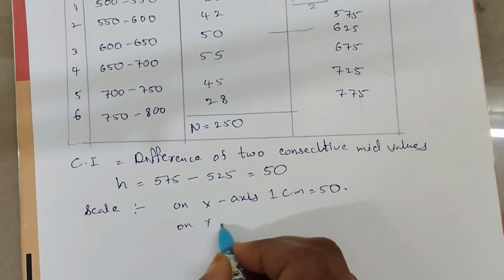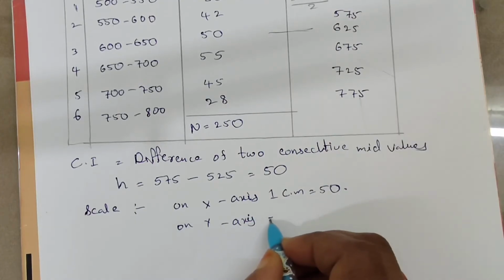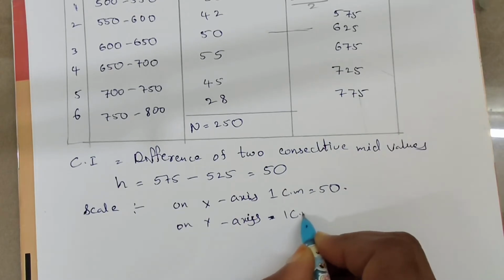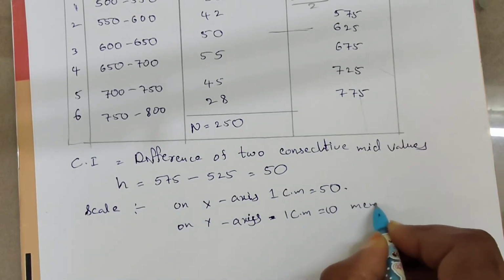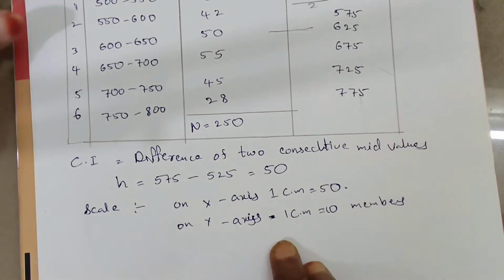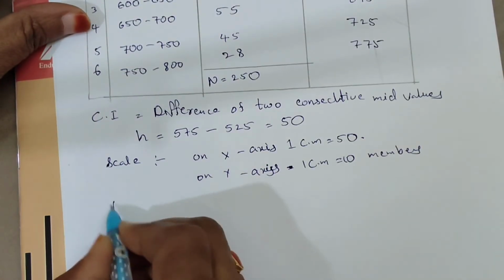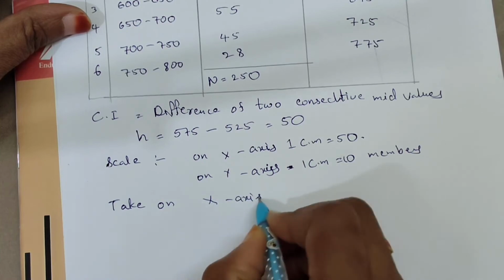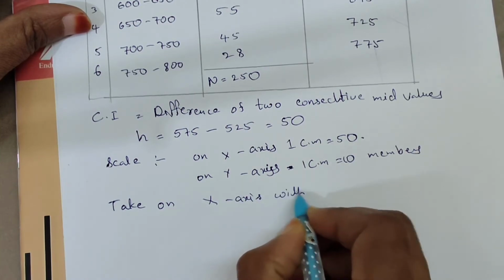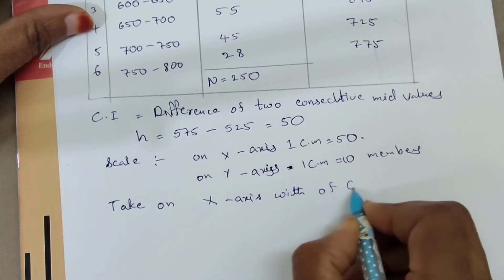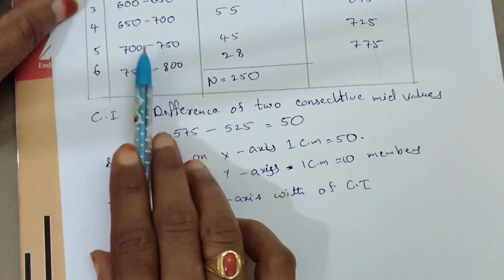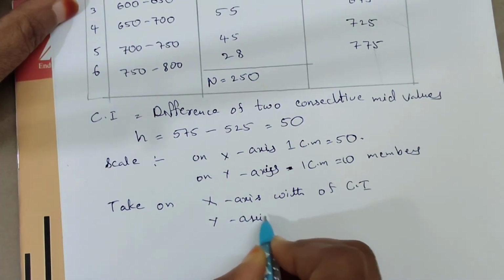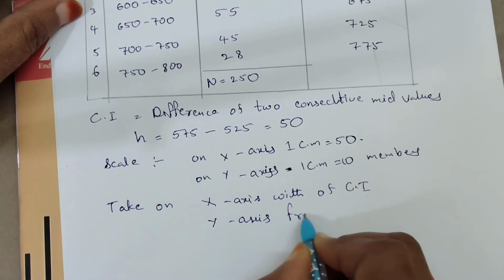Next on y-axis: 1 centimeter is equal to 10 numbers. So now the scale is completed. Next, on the x-axis we take the width of class intervals. Here we take class intervals on the x-axis. On the y-axis is frequency.